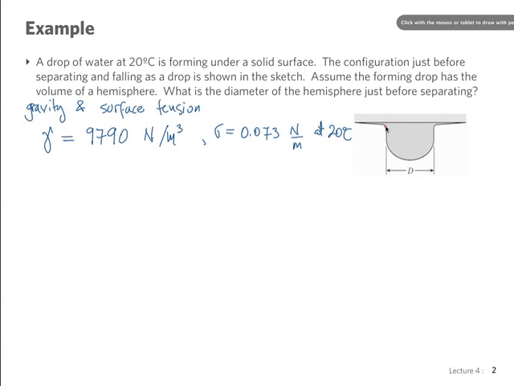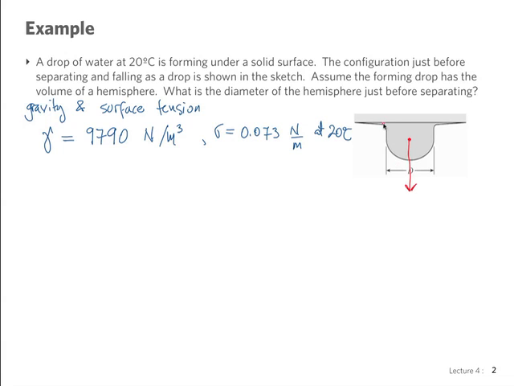This drawing might cause you to be confused a little bit, but remember, what's the other force we have? Weight. So weight points downwards. So what we need from the surface tension is a force that is opposite the weight, right?